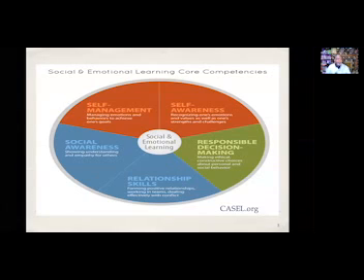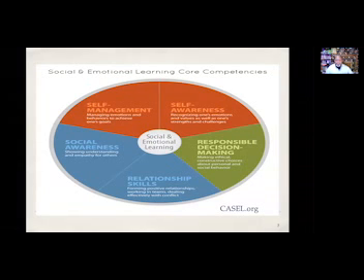All right. So when we talk about SEL, social emotional learning, here in Cleveland, we use the CASEL social emotional framework, and that framework is centered around 5 core competencies. So self-management, self-awareness, responsible decision-making, relationship skills, and social awareness.